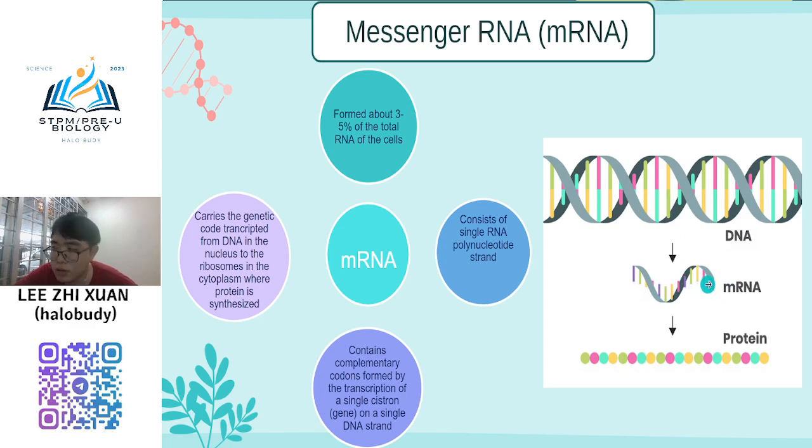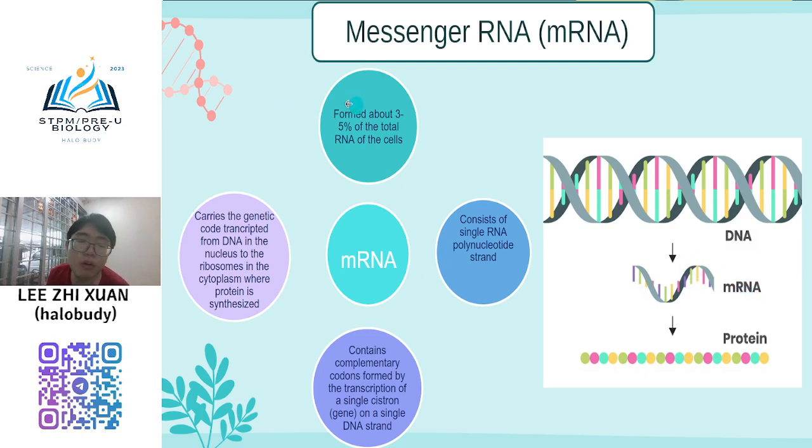Transcription is just copying from the DNA, but only a short segment. Not all the sequence in the DNA will be copied, only a certain segment. This one we call the transcription process.